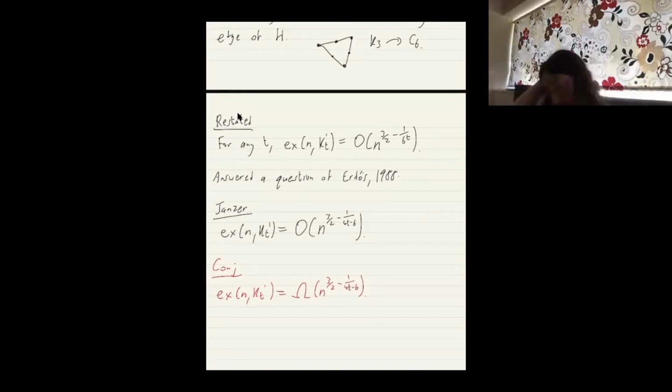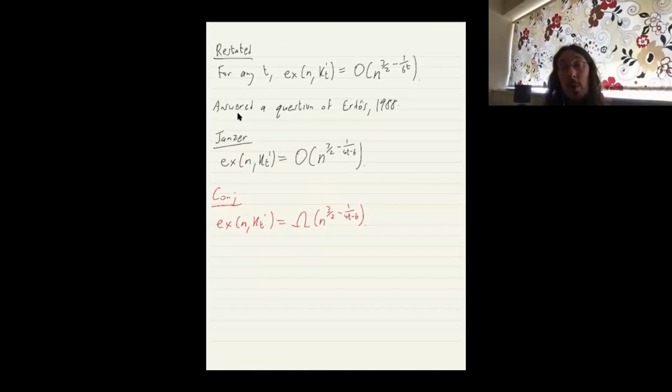The reason I think this is a very important conjecture, even though the exponent looks kind of arbitrary, is that if you know this conjecture, then it's plausible, maybe, that it gives you K_t-free pseudorandom graphs of density n^(-1/(2t-3)) on n vertices.